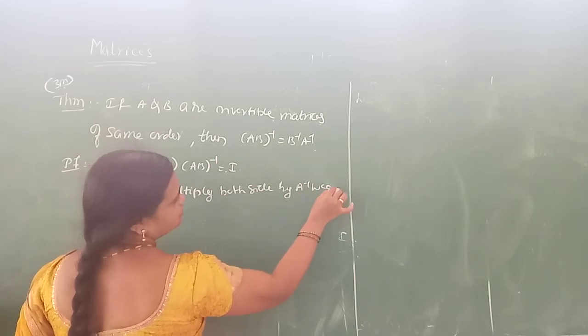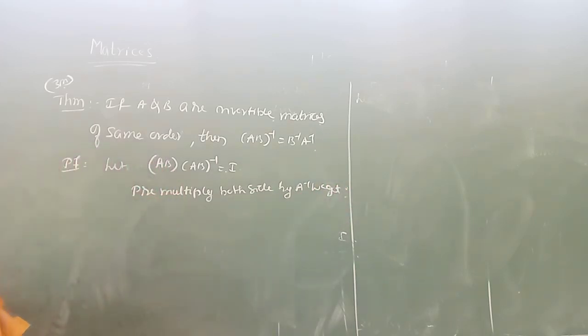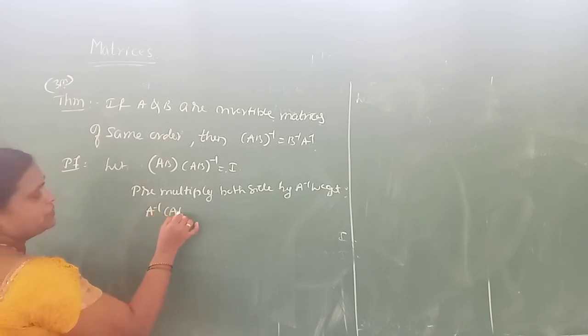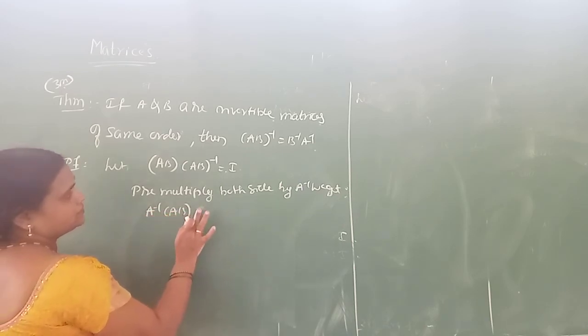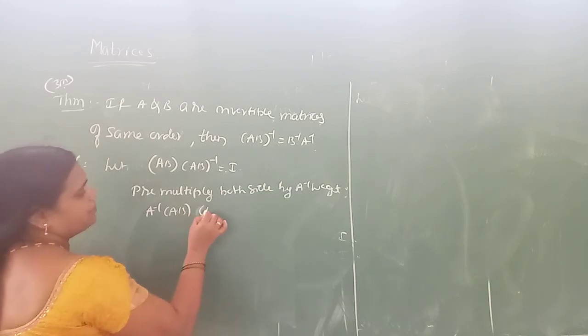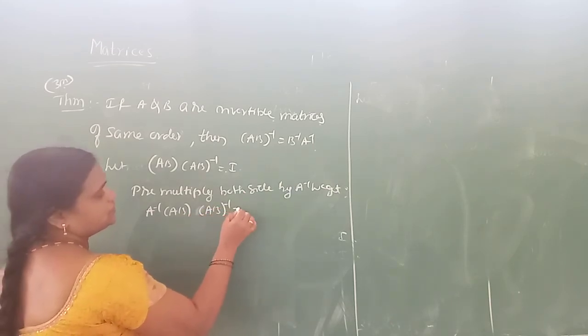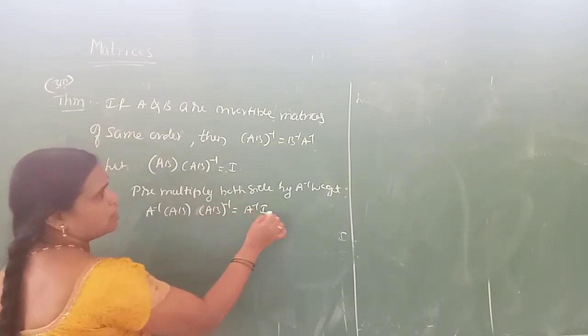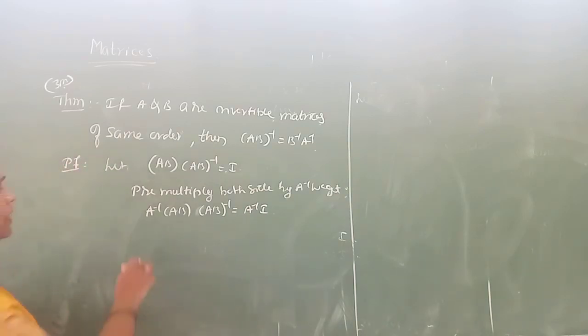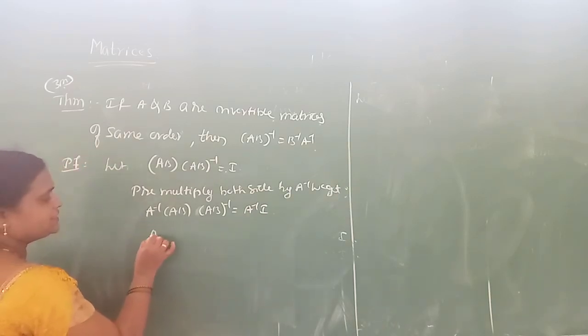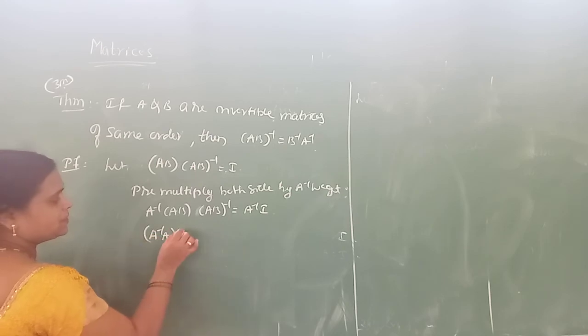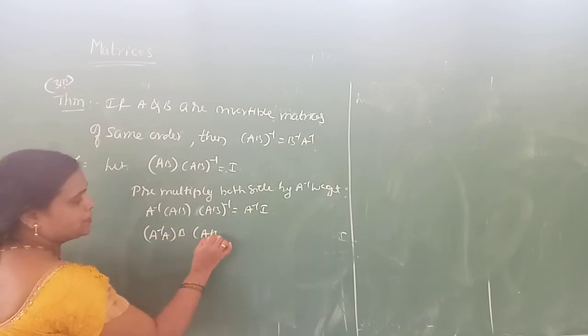We get A inverse into AB, the inverse of AB, is A inverse into I. Applying the associative law, you can write it as A inverse A B, the inverse of AB.